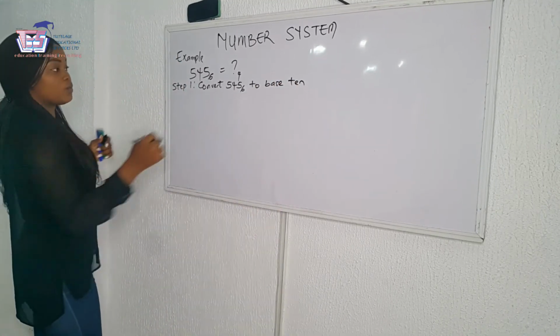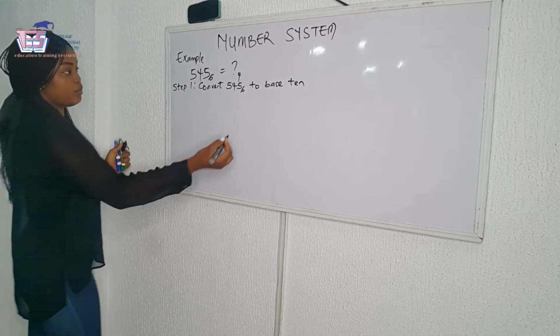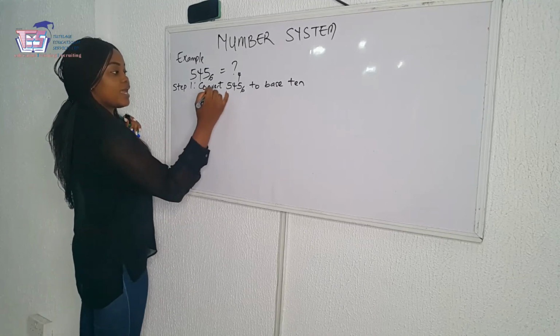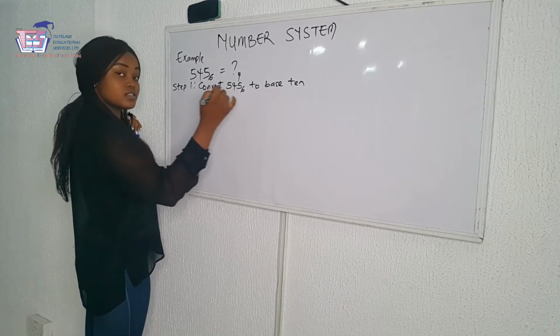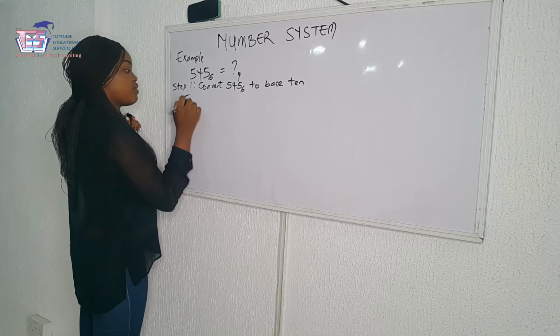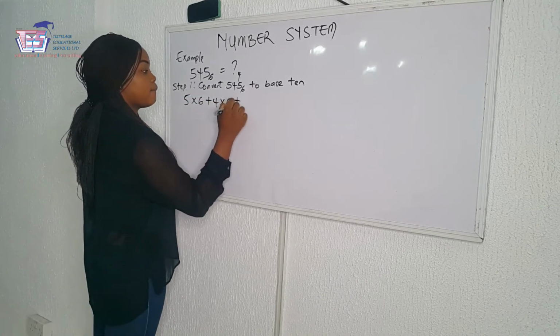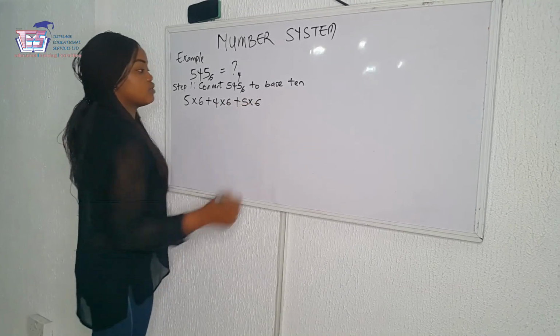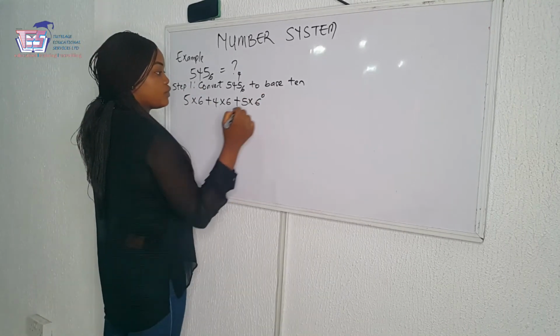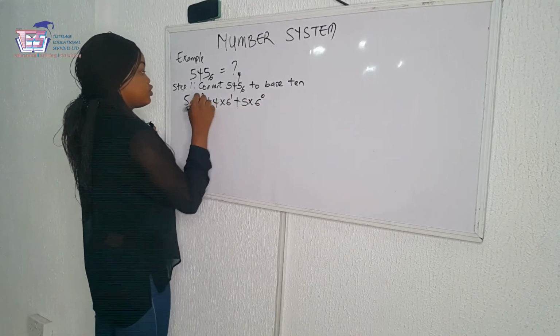Like we did earlier, when we want to convert any number to base 10, we multiply each digit by the base that it is. So it will be 5 times 6 plus 4 times 6 plus 5 times 6. Let's not forget to put the power. This will be 0, 1, 2.